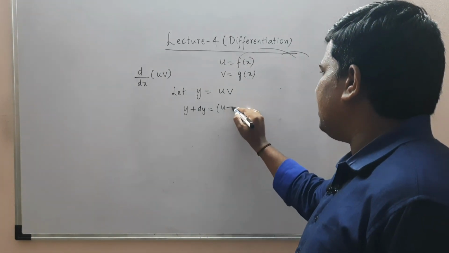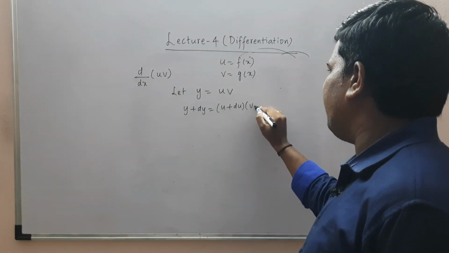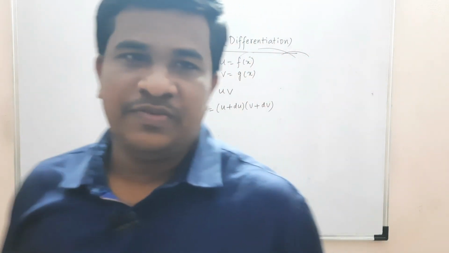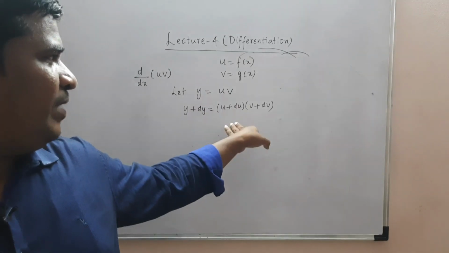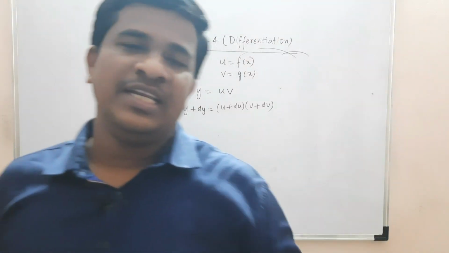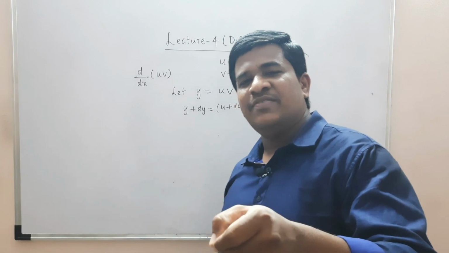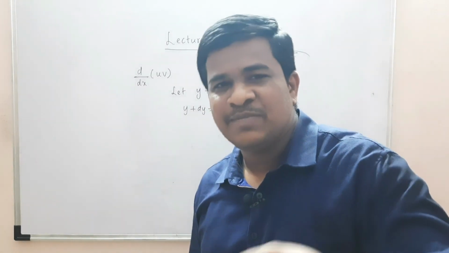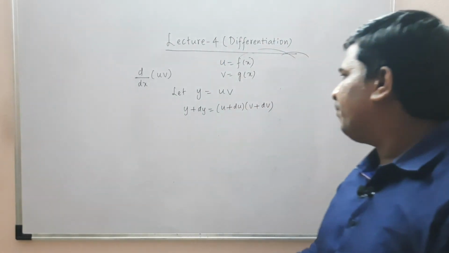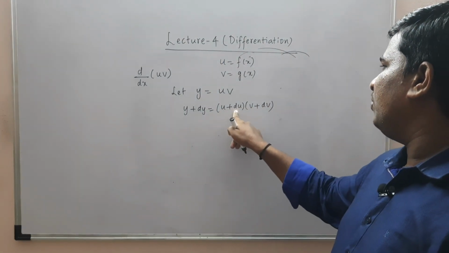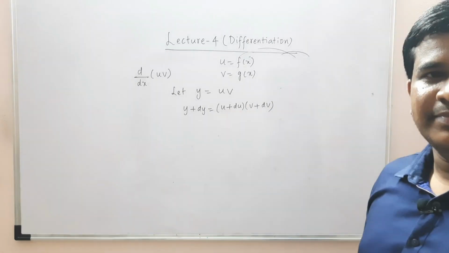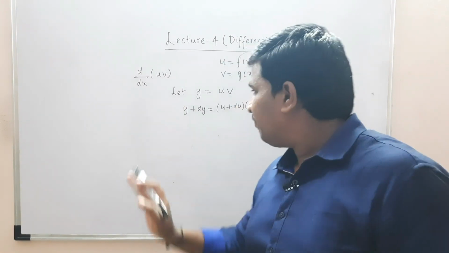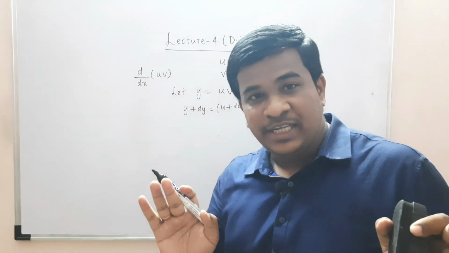So obviously this will become u plus du, this will become v plus dv. So when we write y plus dy, we are writing u plus du, v plus dv. As we have written in case of x square, y plus dy is (x plus dx) whole square. In case of x cube, we write y plus dy is (x plus dx) whole cube. In the same way, we are writing y plus dy is (u plus du) into (v plus dv). So remember, du and dv are very small quantities and dy is also a very small quantity, right?